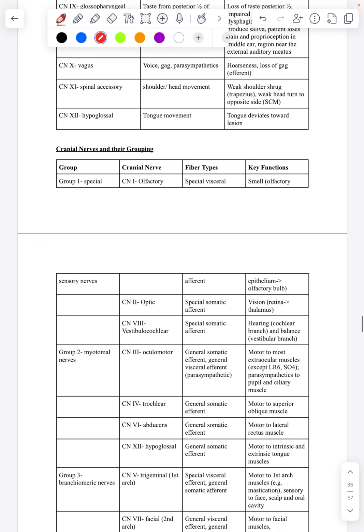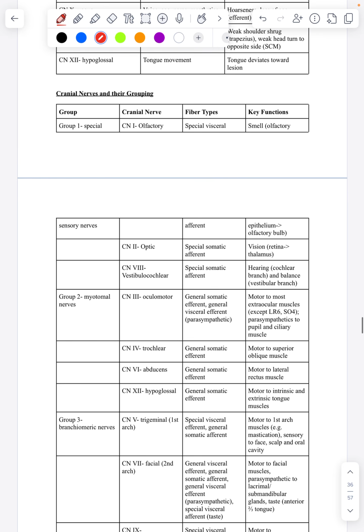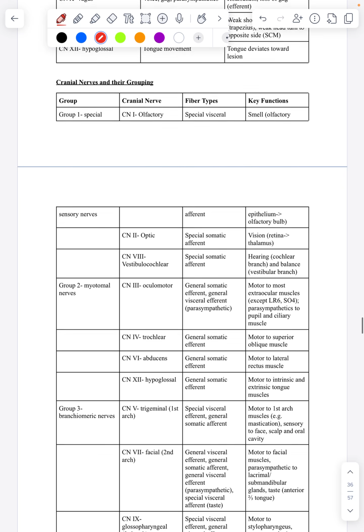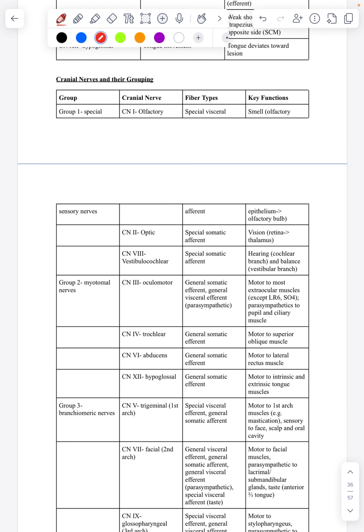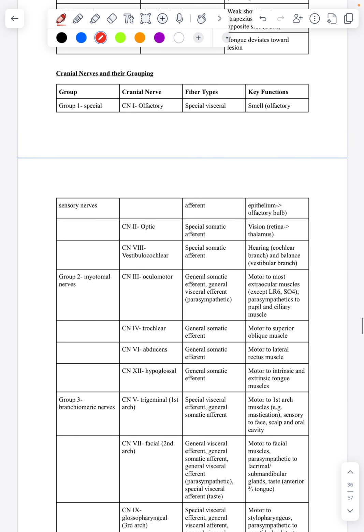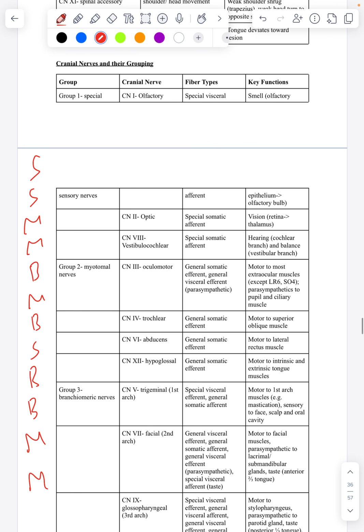Okay, and now, this is what I was talking about earlier with cranial nerve 11 and how it's a unique one because it runs with 10. So if we go through our some say marry money, but my brother says big brains matter more, from 1 to 12, the sensory ones, so group 1 is your special sensory.